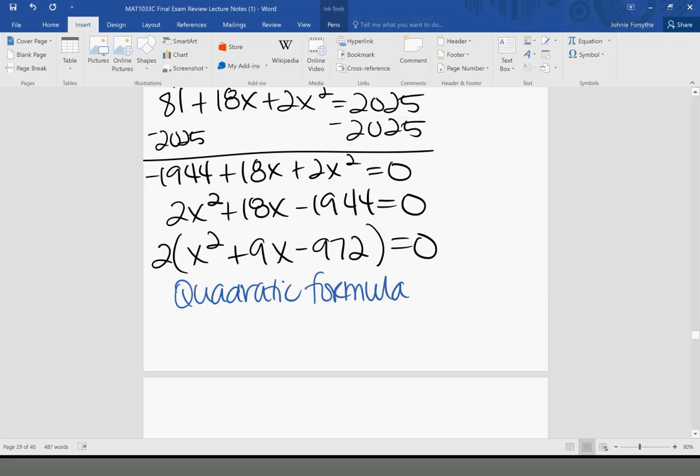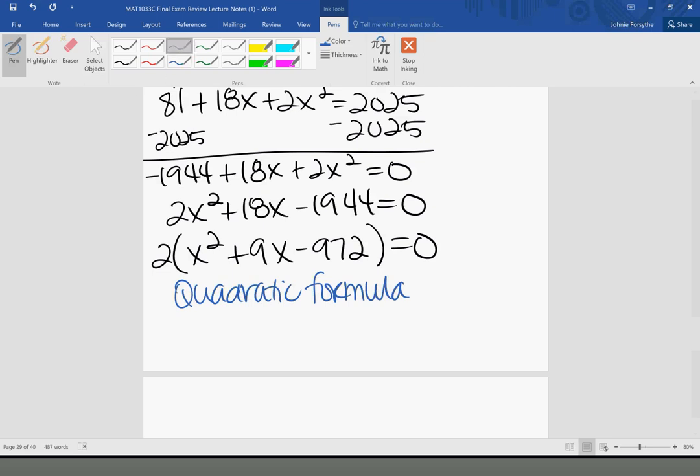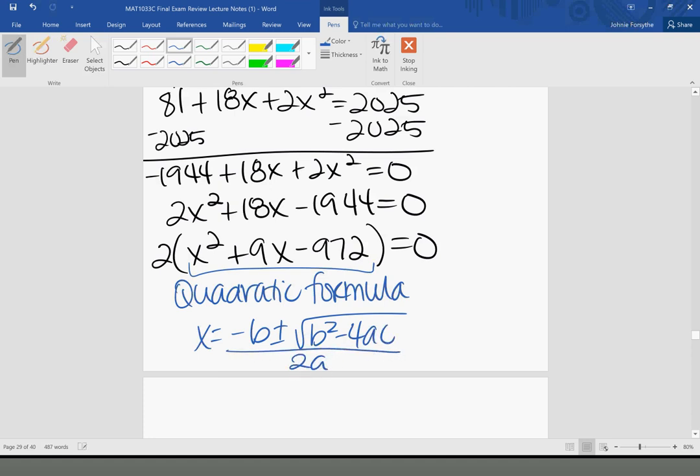So I'm going to use it for this part here. So it's x equals negative b plus or minus the square root of b squared minus 4ac all divided by 2a. So what is your a, b, and c? It's coming from your standard form of the quadratic, ax squared plus bx plus c. So in this case, a would equal 1, b would equal 9, and c would equal negative 972.